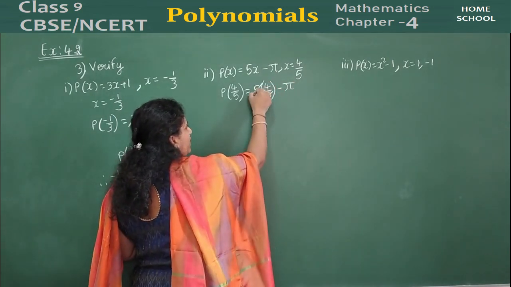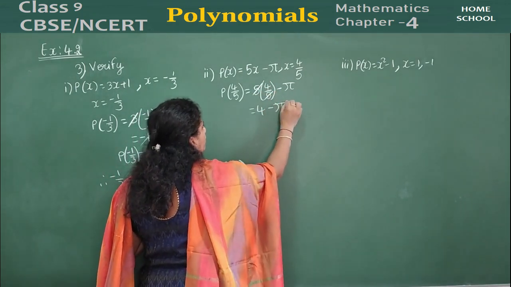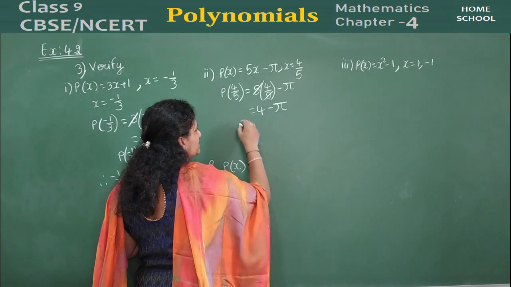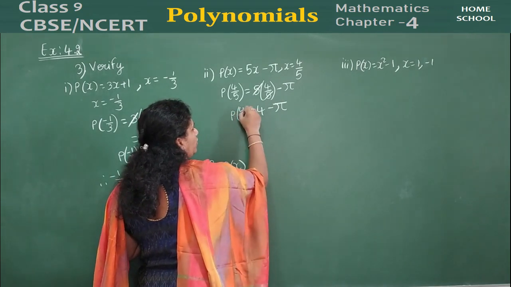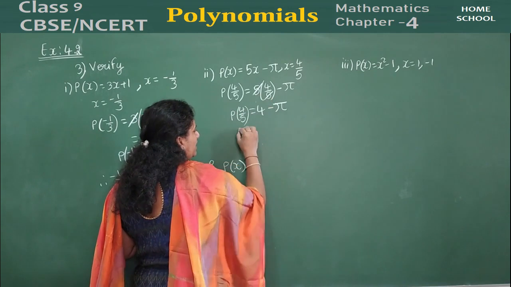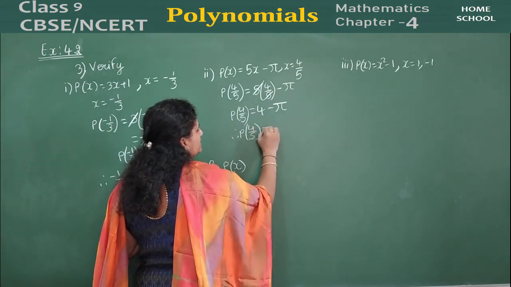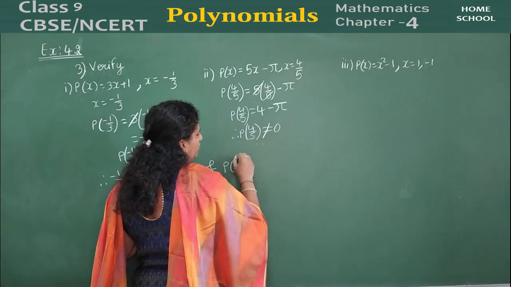So this 5 and this 5 will be cancelled. Your answer is 4 minus pi. Is this equal to 0? No, it's not equal to 0. Therefore, P of 4 by 5 is not equal to 0.